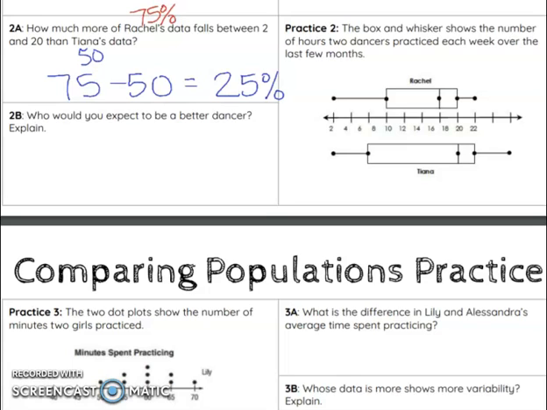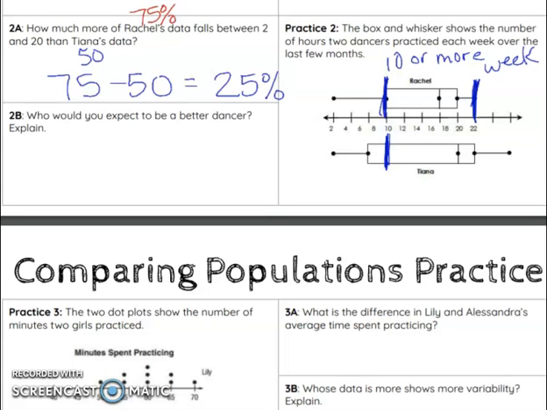Who would you expect to be a better dancer, and explain? If you look at the data, Rachel's is closer together, whereas Tiana's is all spread apart. If you look at just Rachel's top 75% of her data, it is 10 hours or more a week, whereas Tiana's has over 25% of her data that is going to be less than that.